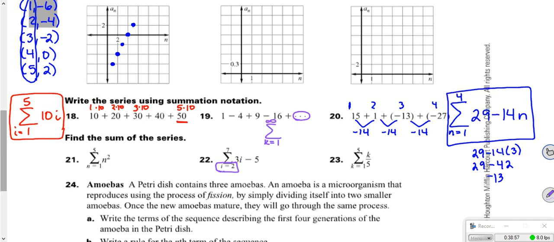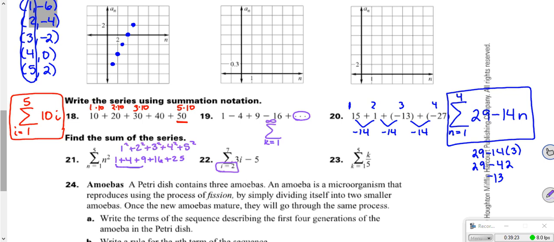So you do have to be on guard here. This one, you are finding 1 squared plus 2 squared plus 3 squared plus 4 squared plus 5 squared. So 1 plus 4 plus 9 plus 16 plus 25 and so on.